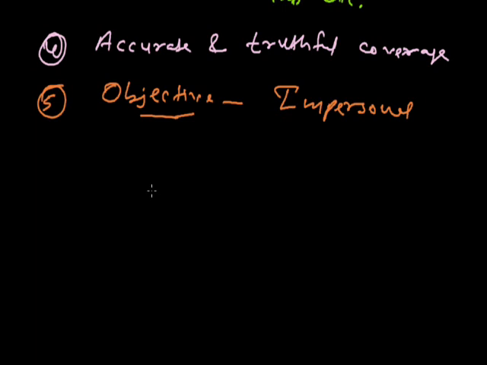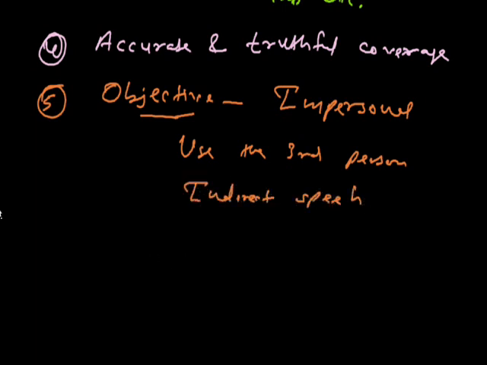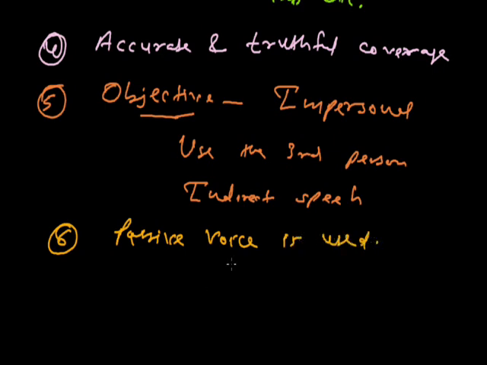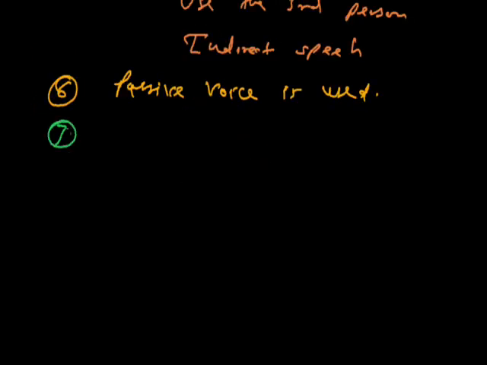Clear, guys? Use the third person to relate the story. Use indirect speech. Passive voice is used. In any objective writing, we use passive voice as much as possible.